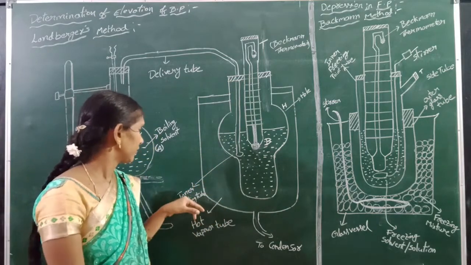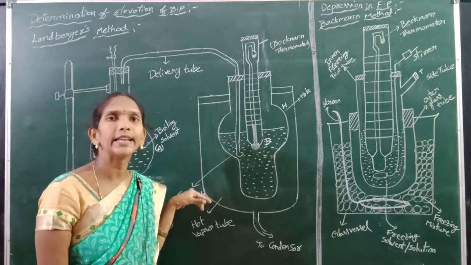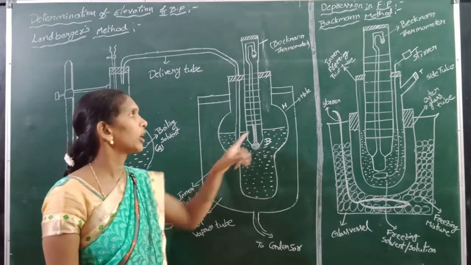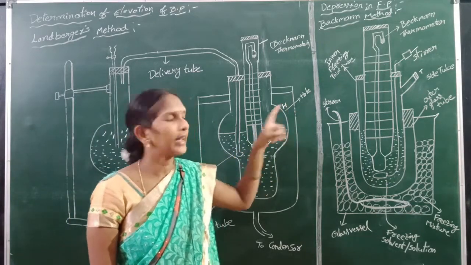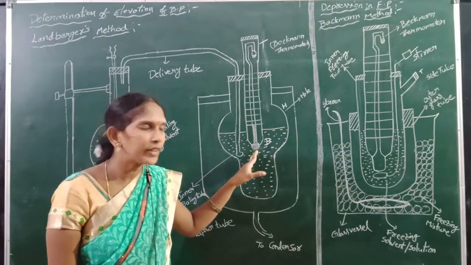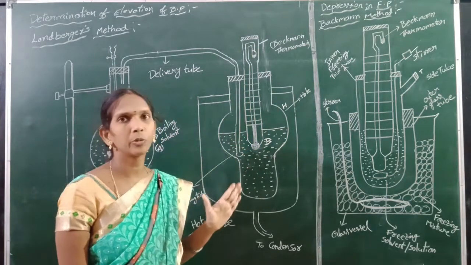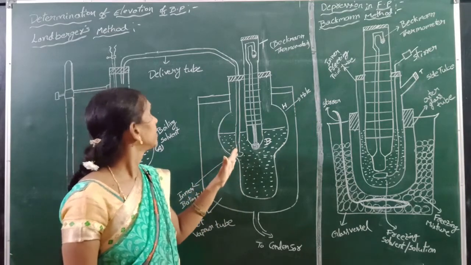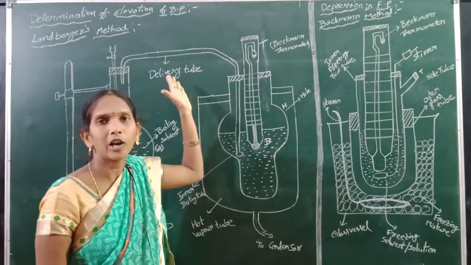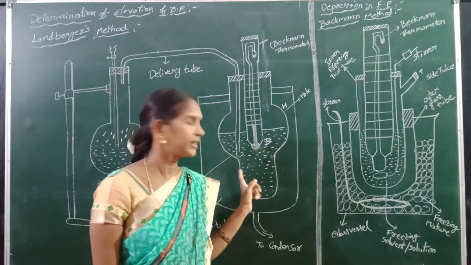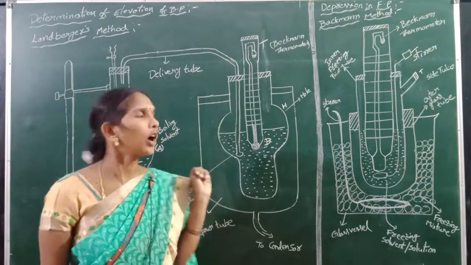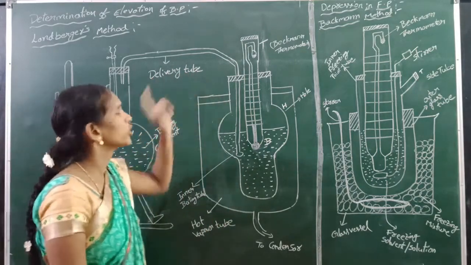So the inner boiling tube has a hole H, is fitted with a Beckmann thermometer, and has a delivery tube on the side. The third part is the delivery tube.